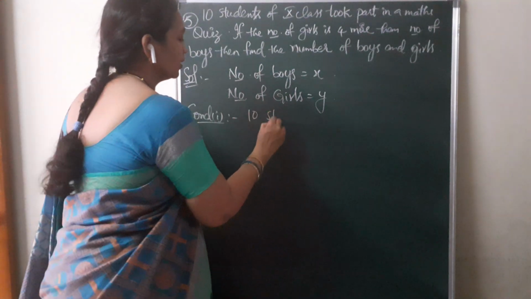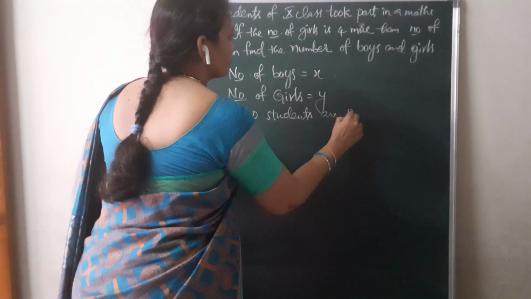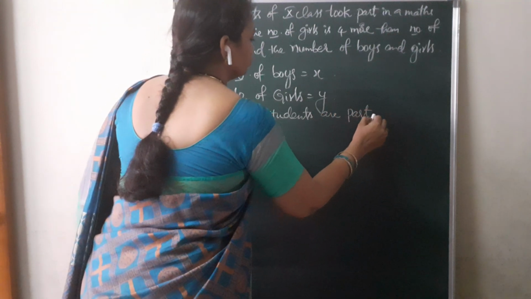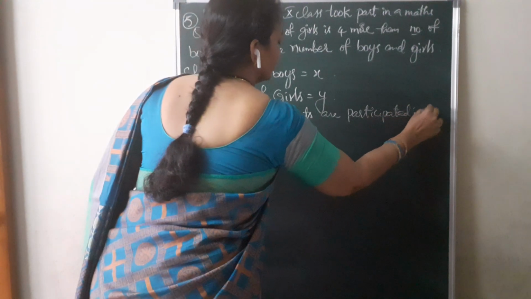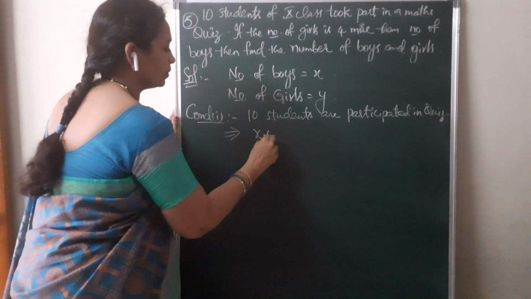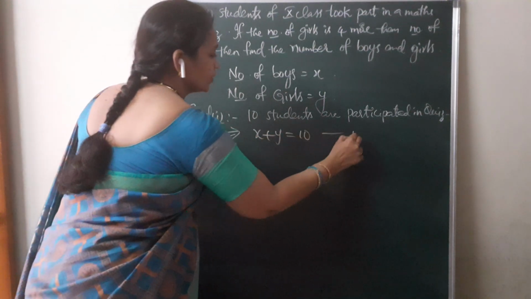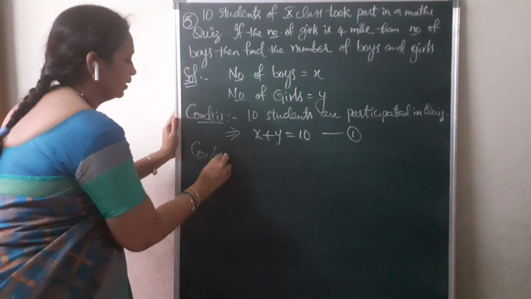10 students participated in the quiz, which implies x plus y is equal to 10. That is the first equation. And what does condition 2 say?